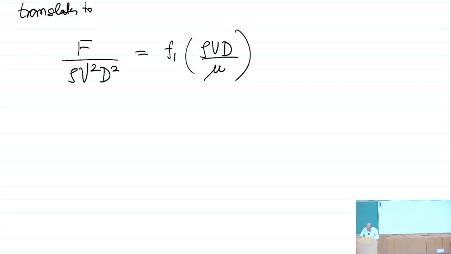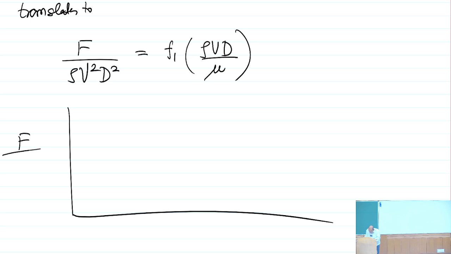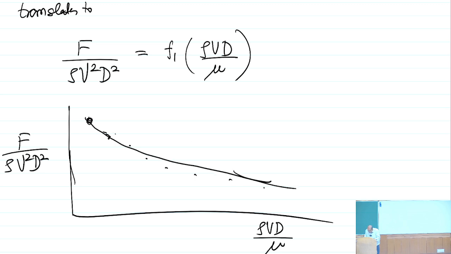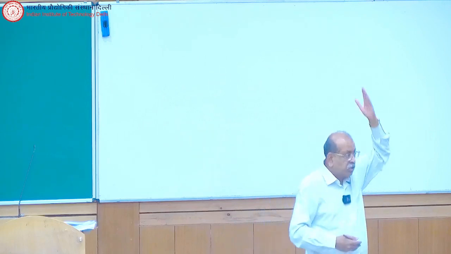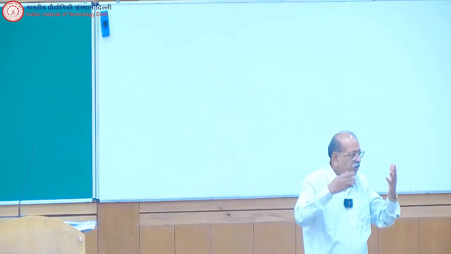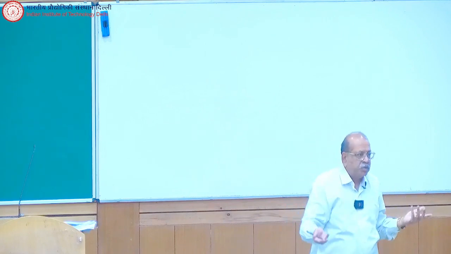All you have to do is a single experiment, maybe 10 times with different values of rho V D upon mu, and you plot this, and from here you will get the same information which those hundreds of graphs containing so many V's were doing.